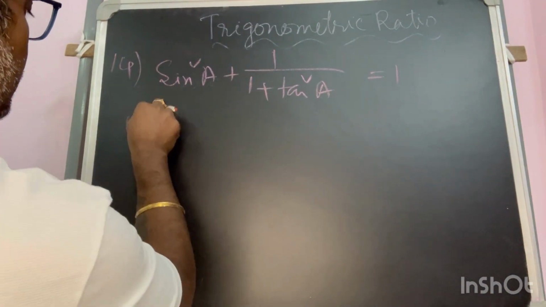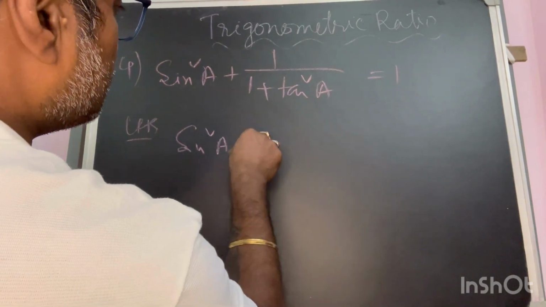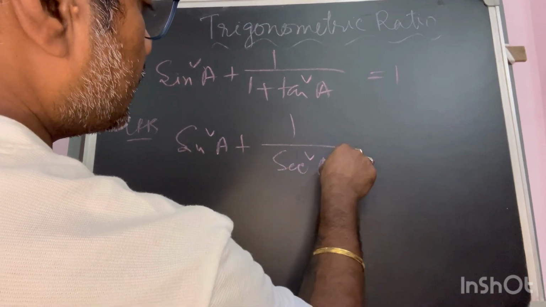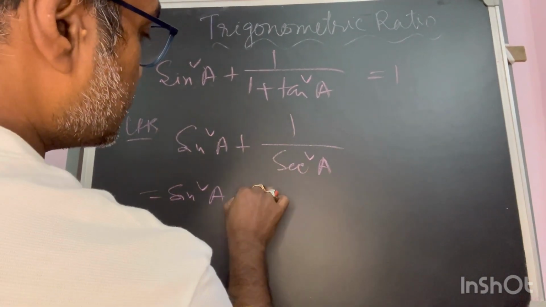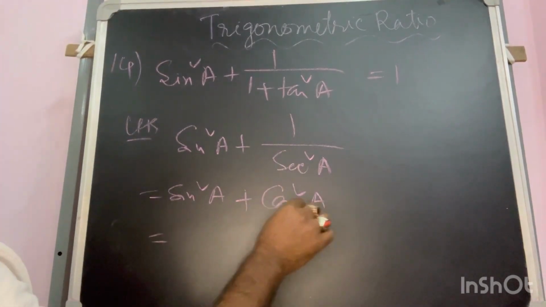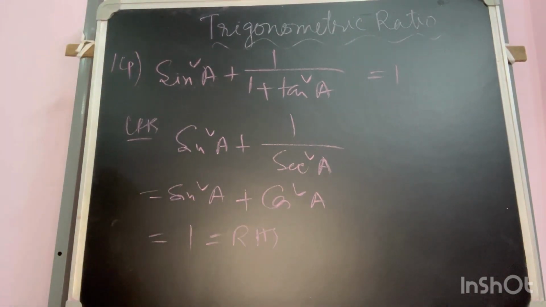The same, we start with the left hand side. It will be sine square a plus 1 by 1 plus tan means sec square a. So this is sine square a plus 1 by sec means cos square a. Sine square a plus cos square a is equal to 1. Hence proved.